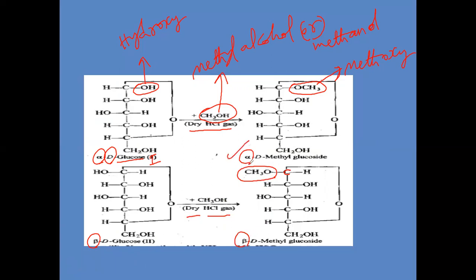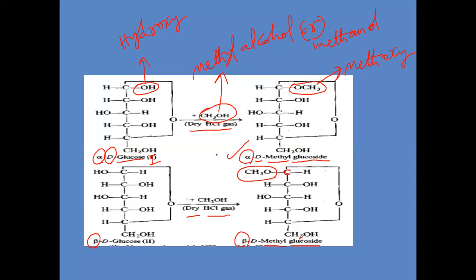The first one is called alpha D methyl glucoside. Glucoside formation we say. So methyl glucoside is formed: alpha D methyl glucoside, and the second one, beta D methyl glucoside.